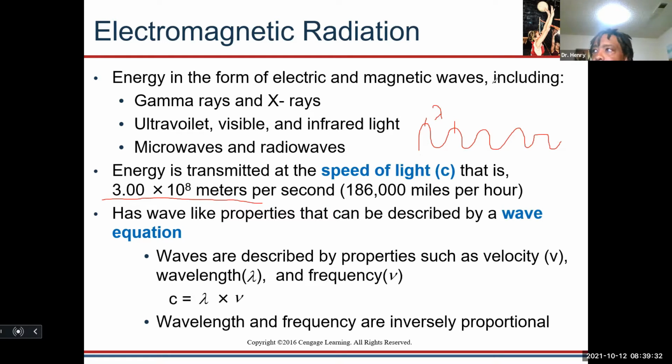Now let's say we had a barrier. We're going to put a barrier here. The number of oscillations that happen within a time frame is called our frequency. Nu equals frequency.